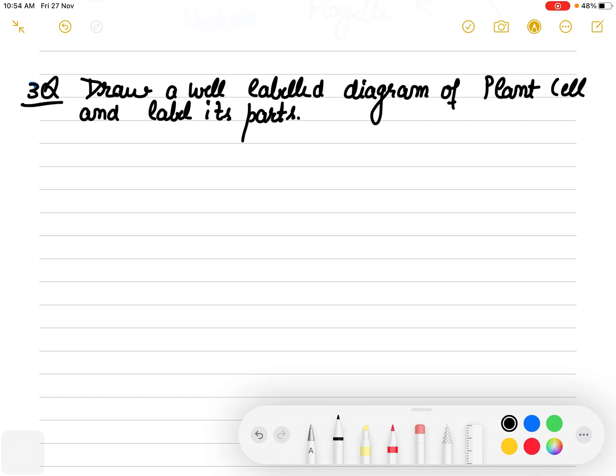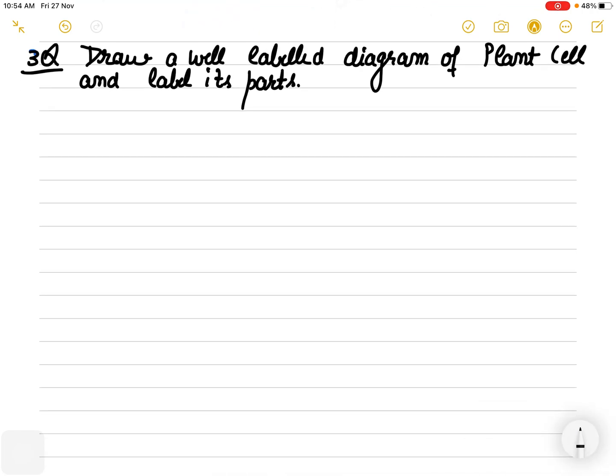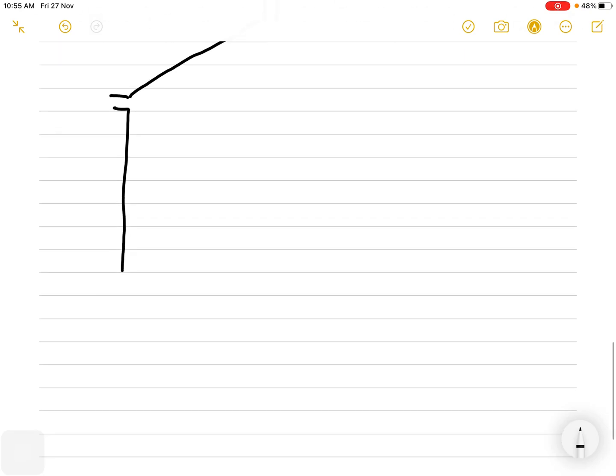So here let's draw the plant cell in a very easy manner. First thing which is important for a plant cell, just make its outline. So here as you can see we are making the outlining structure. Let's make it like this. We always make a plant cell like this.